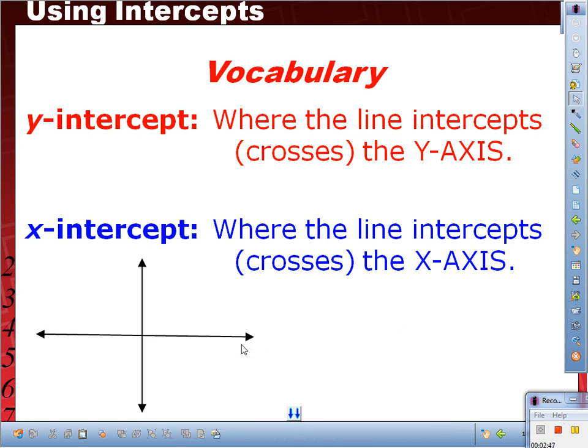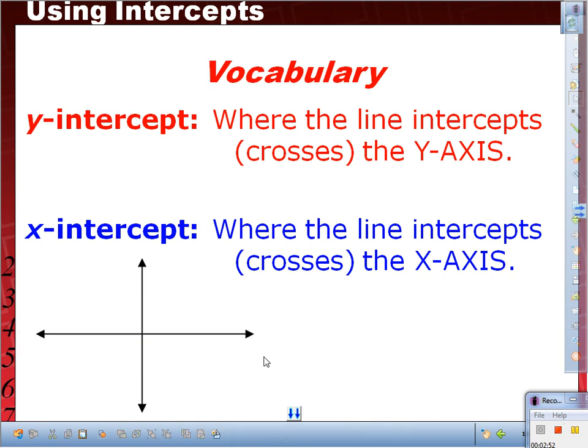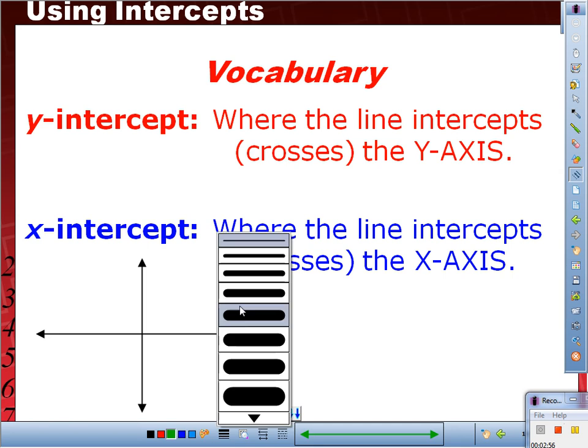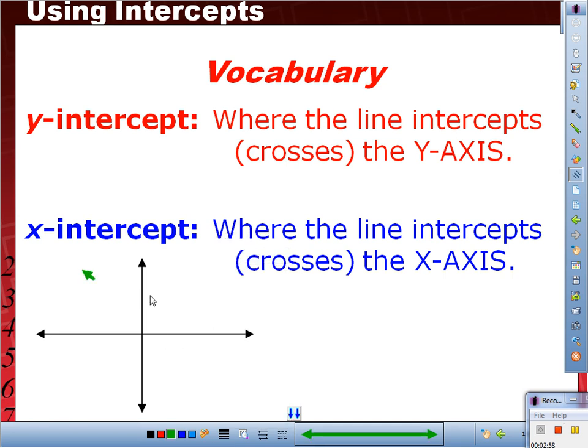Whoops, it's a little crooked. Hold on. Right there. And I'm going to graph the line in green. There it is. The ones in black are my coordinate plane. The one in green is the line I graph.